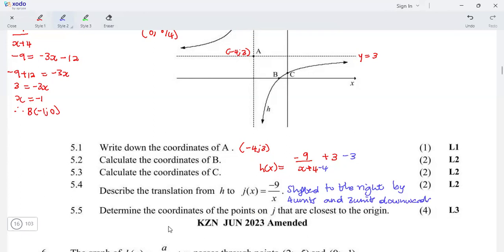All right, done. Now it says determine the coordinates of the points on j that are closest to the origin. Now, what they are saying is we need to determine the axis of symmetry for the graph of j, and then equate the graph of j and the axis of symmetry. That's what the question is asking us to do. Let's look at something.